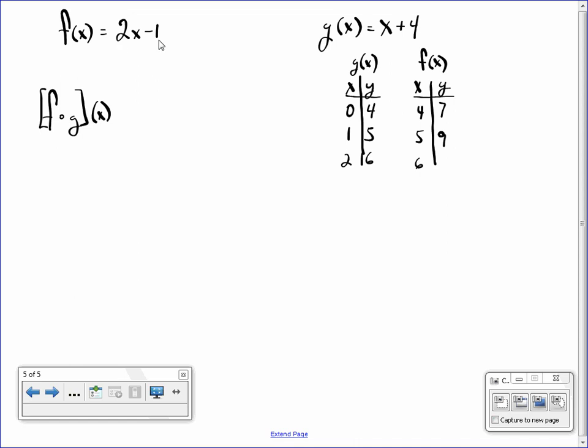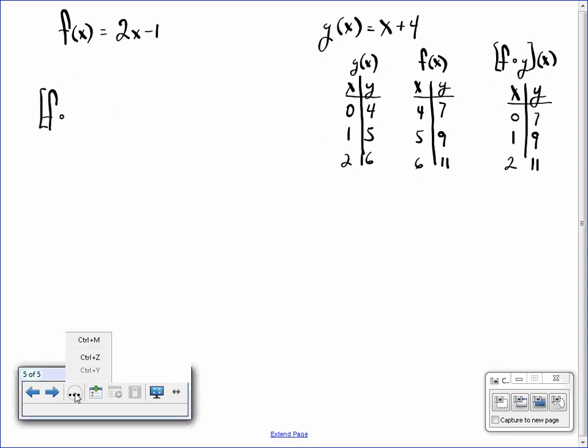And 6, 12 minus 1 is 11. So our f composition g of x would give us these numbers. 0, 7, 1, 9, 2, 11.